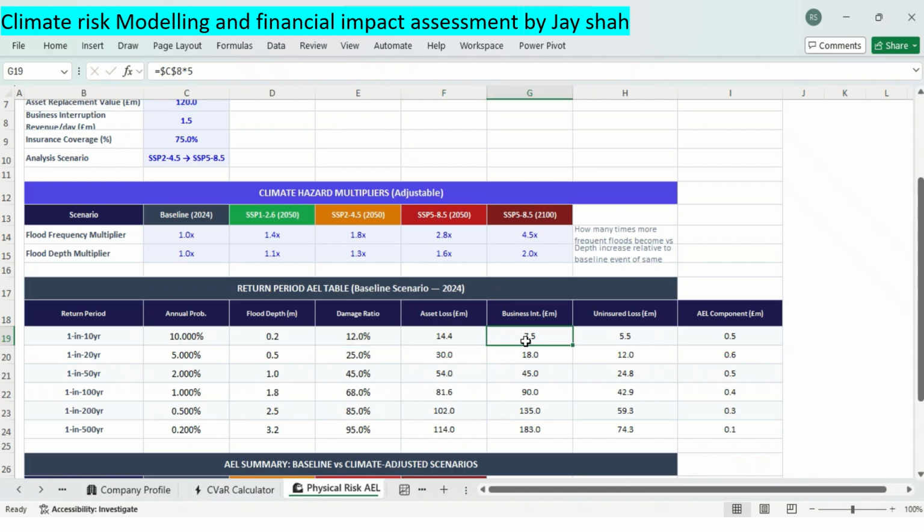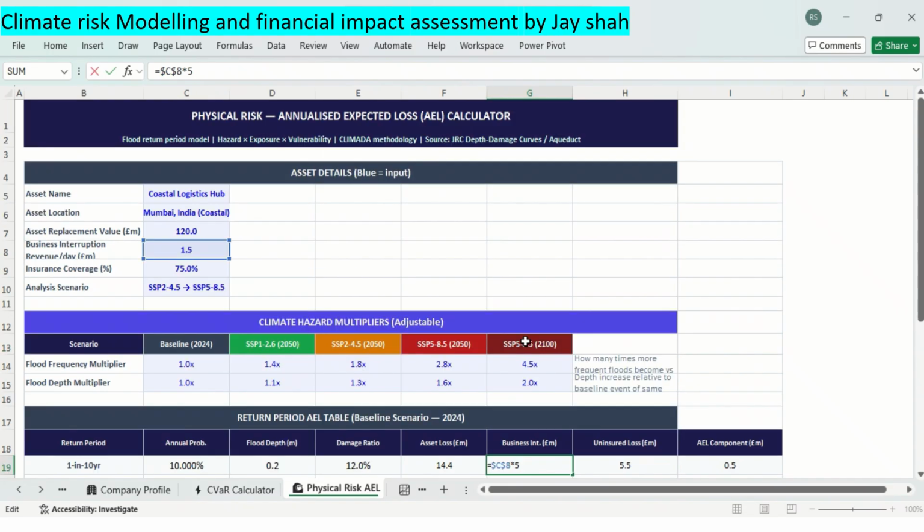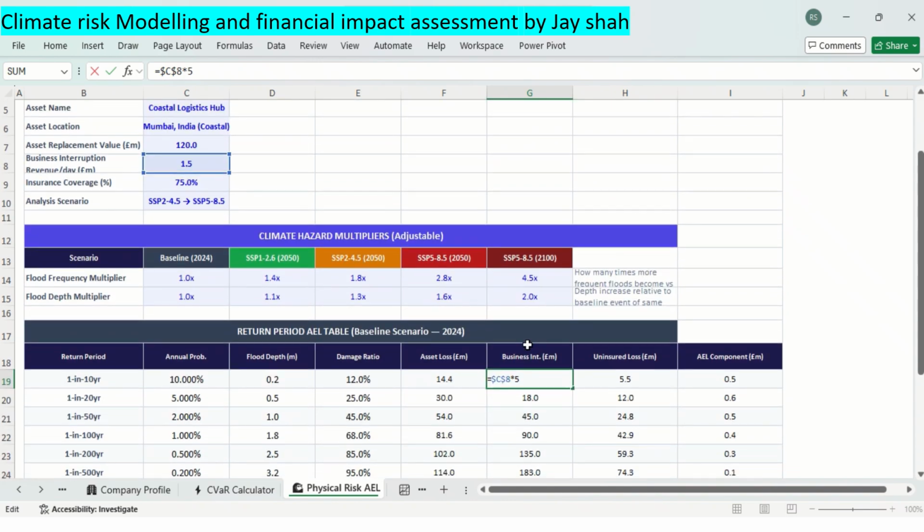Then G19 is the business interruption loss, daily revenue loss multiplied by the disruption days. Here you can see C8 multiplied by the disruption days, which is one of the five baseline inputs we mentioned.